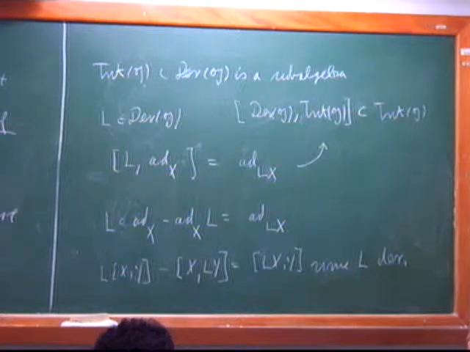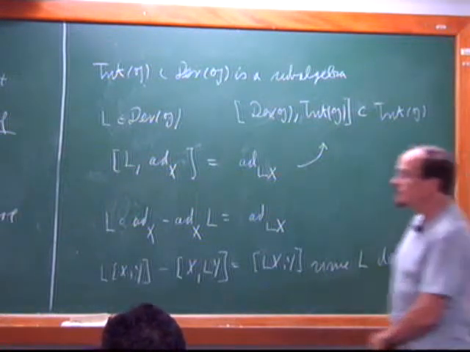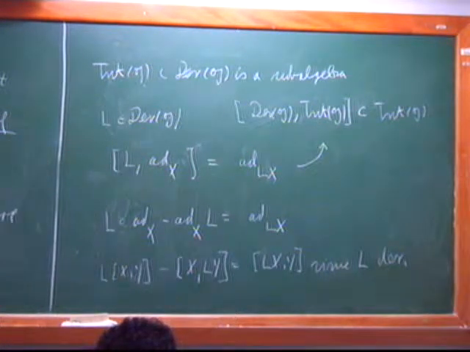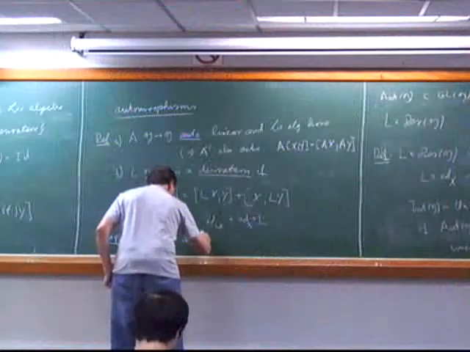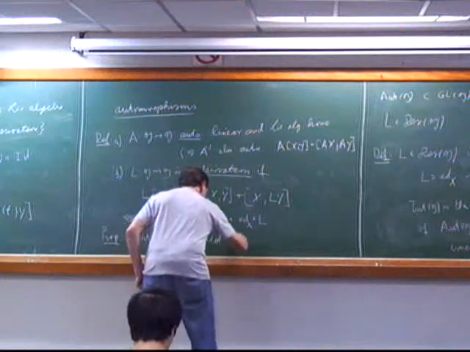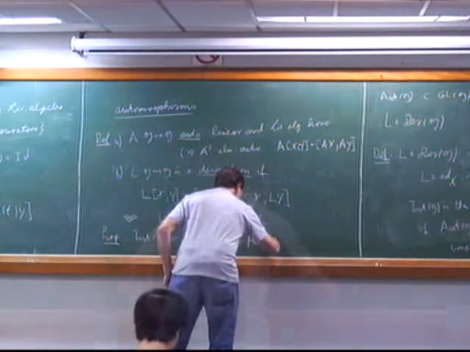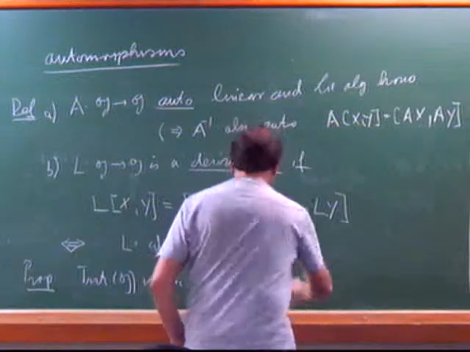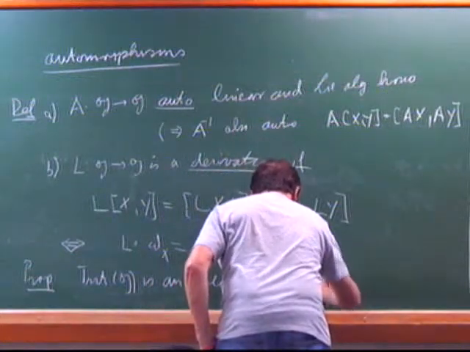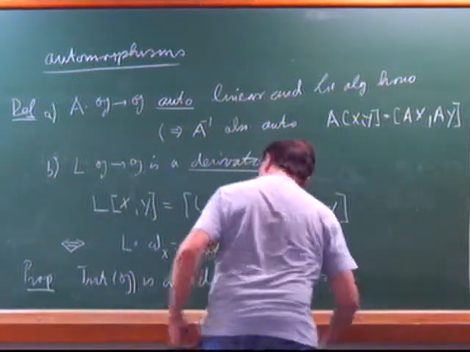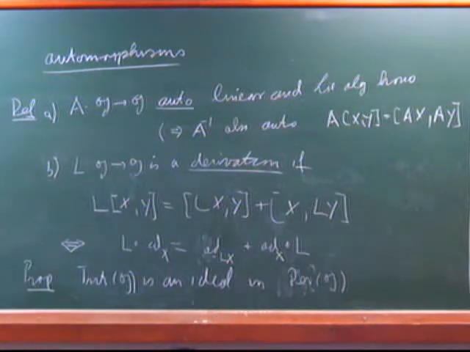So I actually proved more than it's a subalgebra. So I proved here, maybe it's called a proposition: int g is an ideal in der g, in derivation g. So not only is it a subalgebra, it's even an ideal.